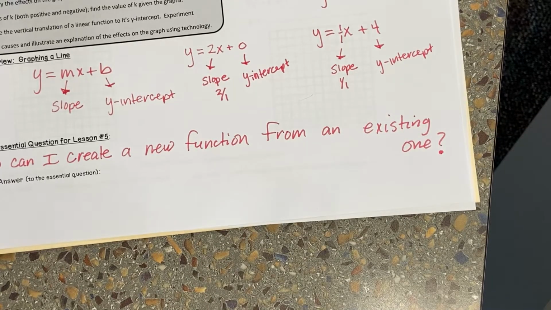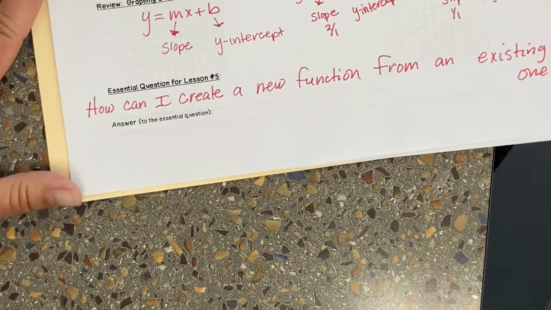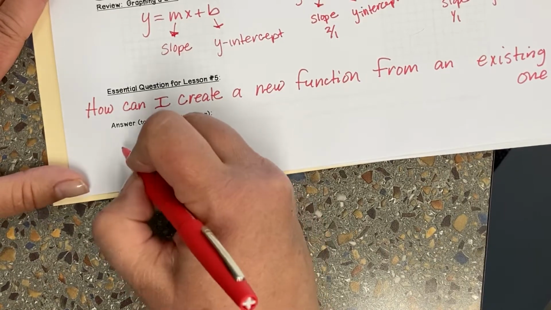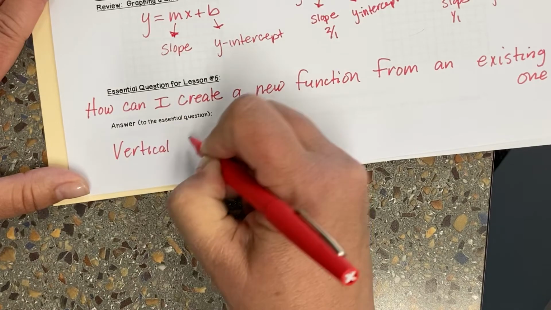All right, how can I create a new function from an existing one? And here's what we're going to do today. We're going to do a vertical shift. This is the answer to your question. Vertical shift.